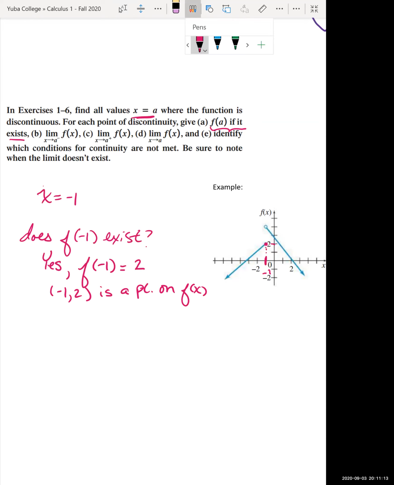I have a question about this. If the open circle was where the position of the closed circle is right now, would that mean it would still exist or not? It wouldn't. If those were both open, then it would mean that it does not exist. But what if they switched places? If this was open first and then this one was closed, it would exist.